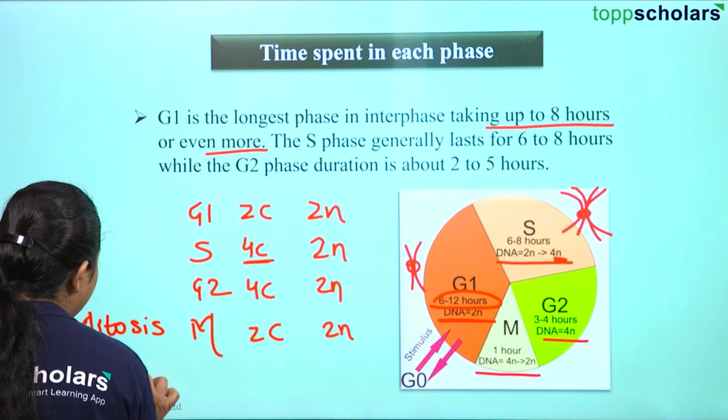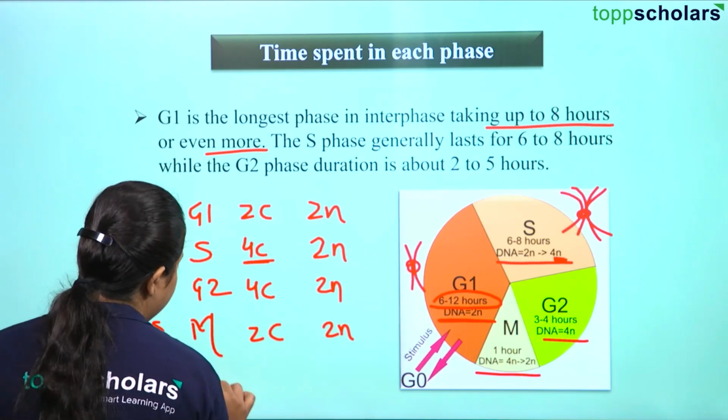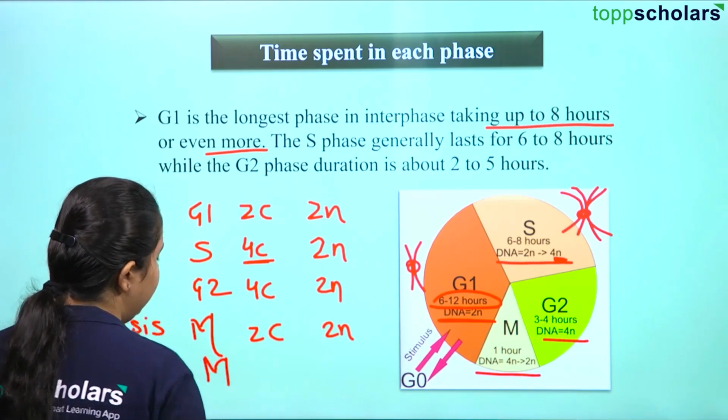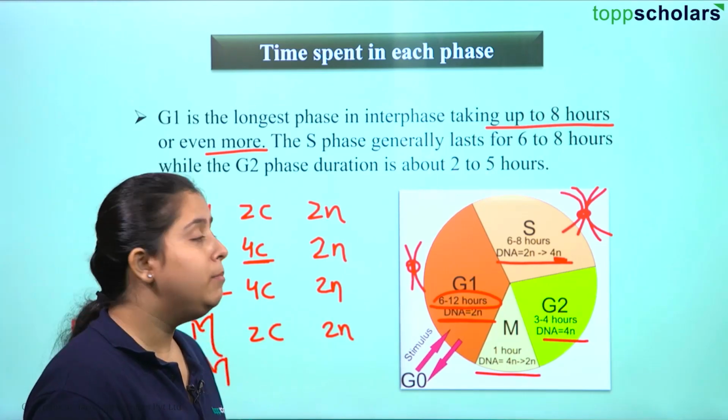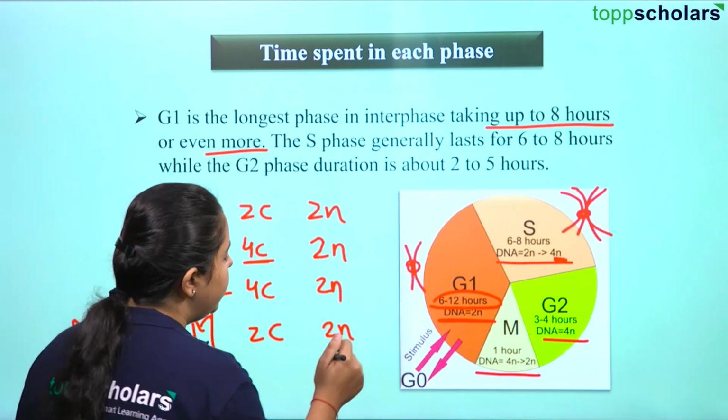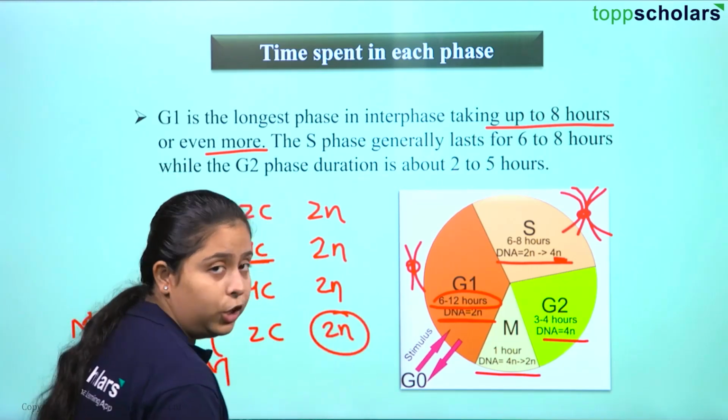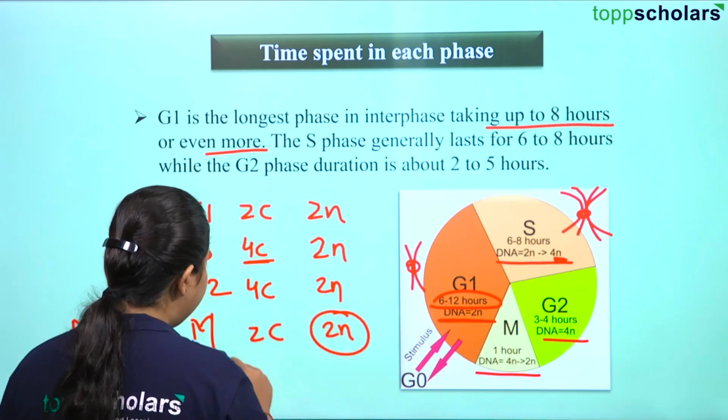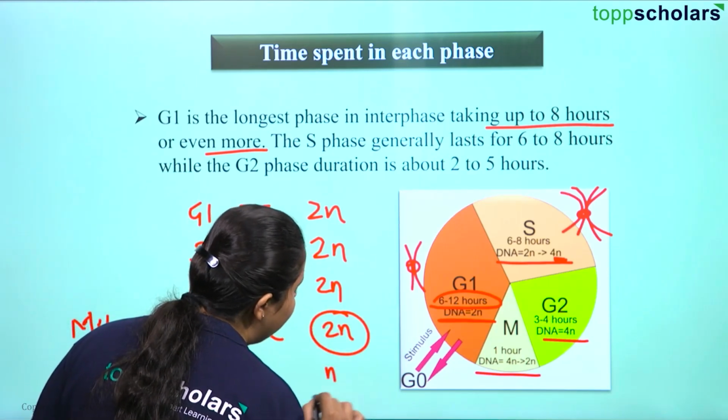Then let us see what will happen in meiosis. Let us denote it with M itself. So what will happen in meiotic division? The 2n that we have in mitosis will not be formed in meiosis. Here we will have n.